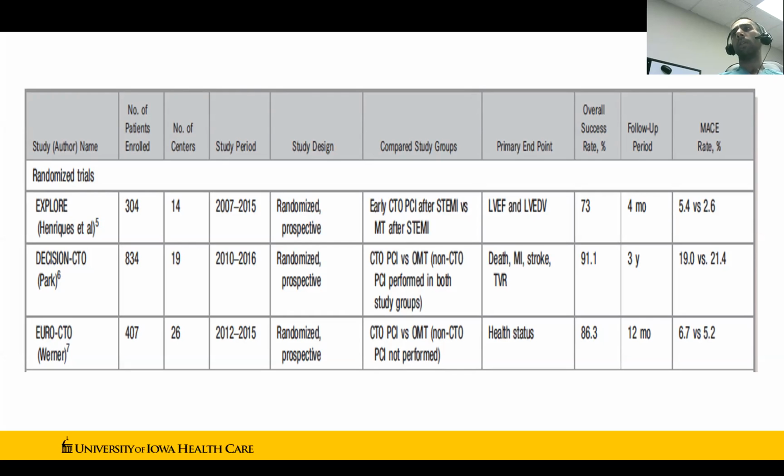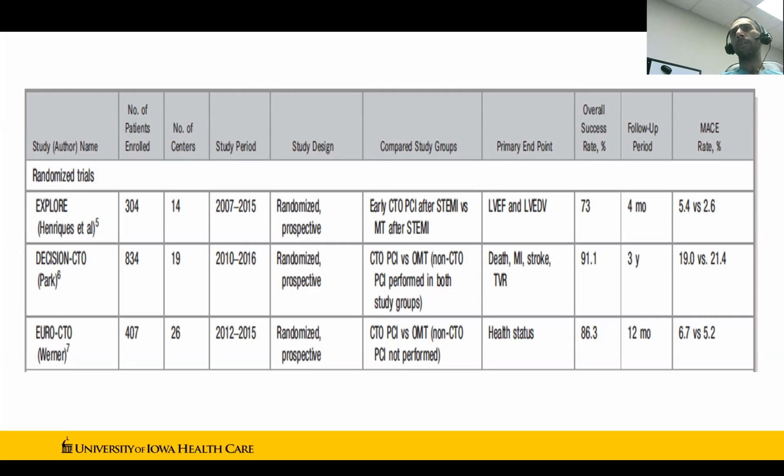There was not a big viability testing to see whether the CTO PCI was performed in a viable territory. Some of the Explore trial patients actually ended up doing non-CTO PCIs after CTO, therefore diluting your data.